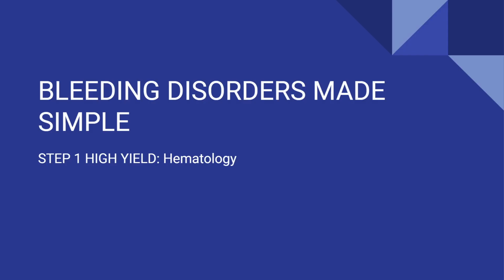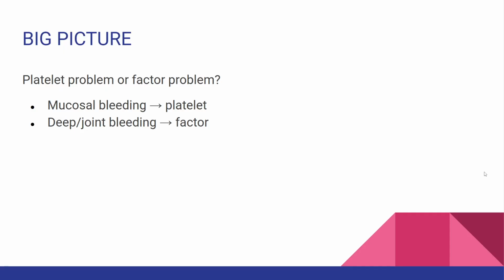Today we are going to be discussing three bleeding disorders that are usually always on Step 1, with one of them being a lot more high yield than the other two. The three I'm going to talk about are von Willebrand disease, also known as vWD, hemophilia A, and hemophilia B. So, big picture, you have to ask yourself: is this a platelet problem or a clotting factor problem?